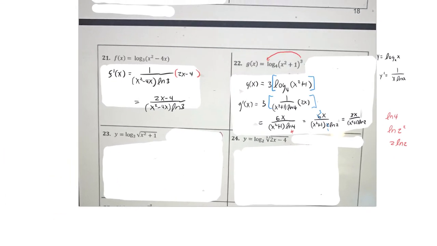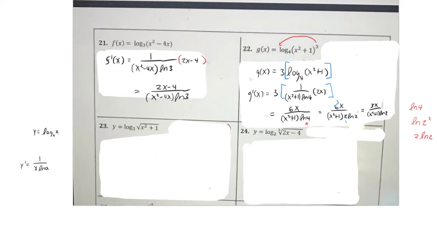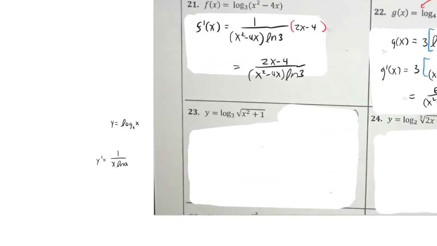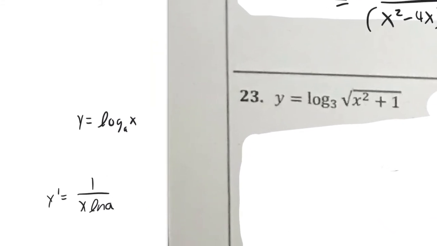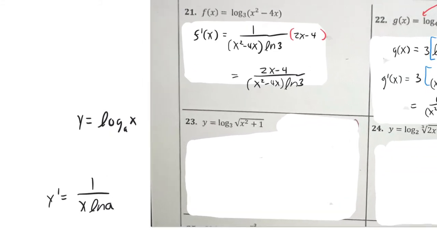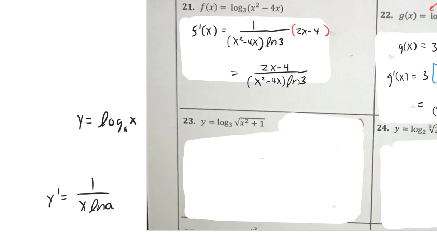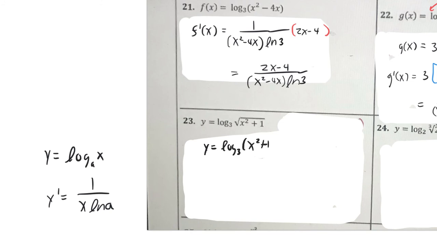All right, so let's see, bringing all of this over. Looking at this guy, let's immediately rewrite it as log with a base of 3 of x squared plus 1 to the 1/2 power.